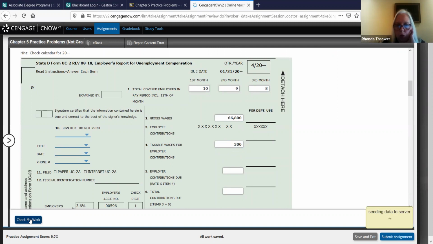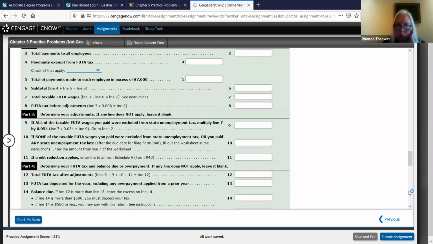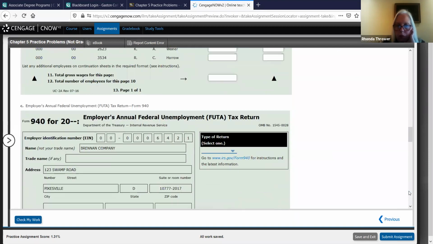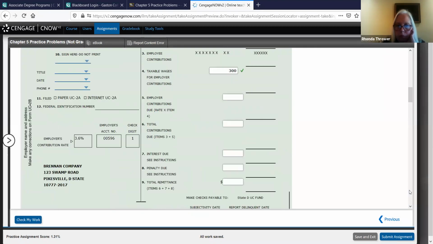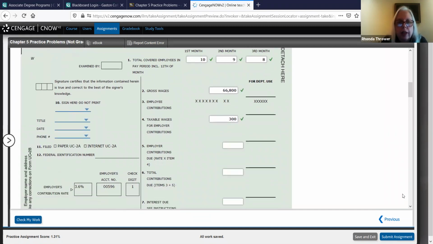So I'm going to check my work. Just make sure I've got everything written in properly. All right, and then in part 5, it says the employer's contributions. They want to know how much state contributions they made.